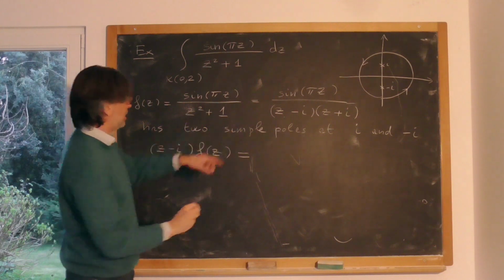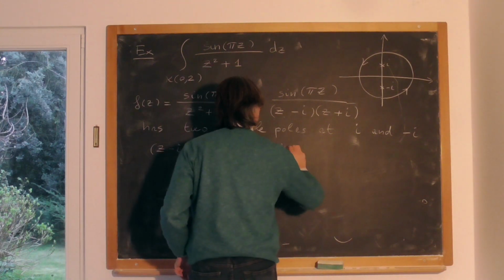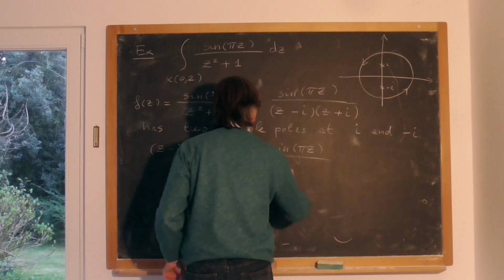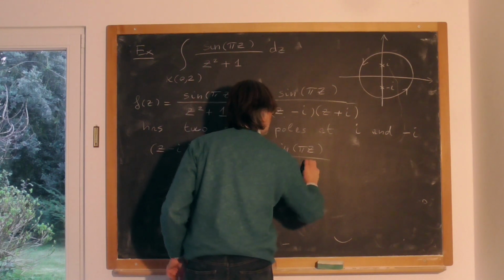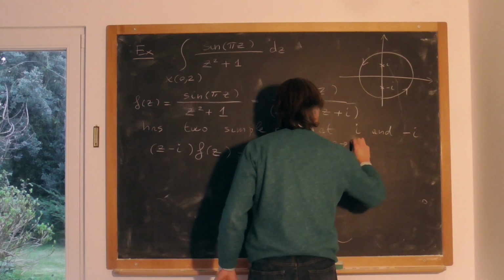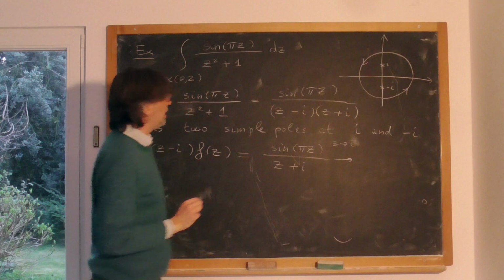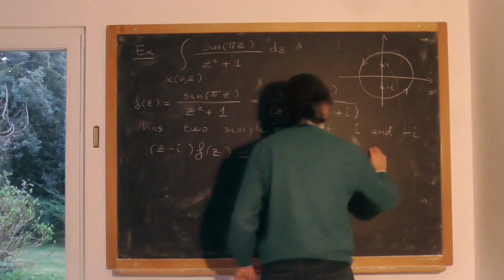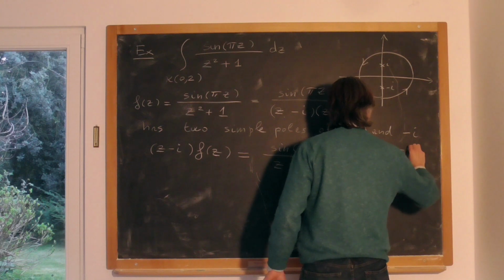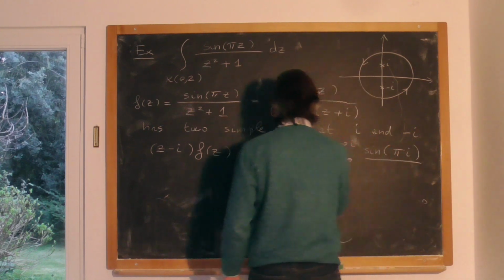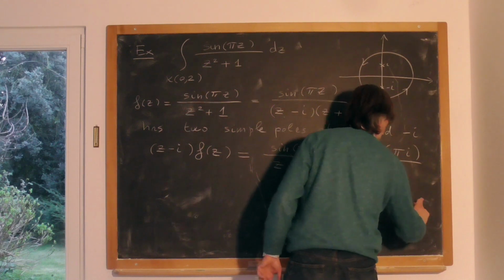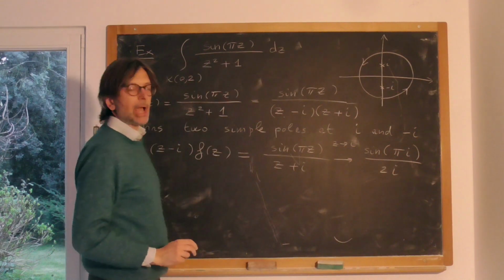thus obtaining sine of pi z divided by z plus i, and then we take the limit for z converging to i, and we obtain sine of pi i divided by 2i.